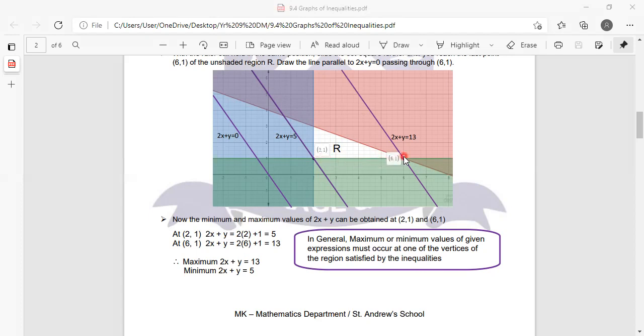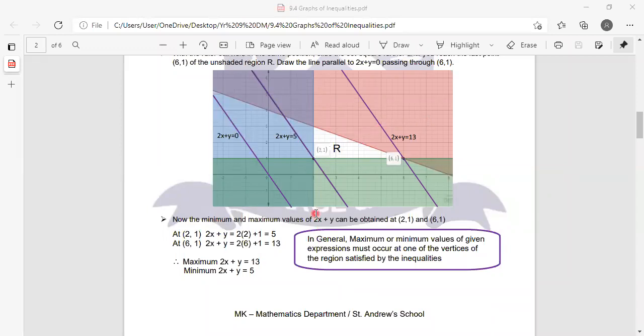So your extreme values will give you the minimum or the maximum. The other points will be in between the maximum and minimum values. So that's one method: draw the line of the expression and find parallel lines. I do understand it is a bit tedious.